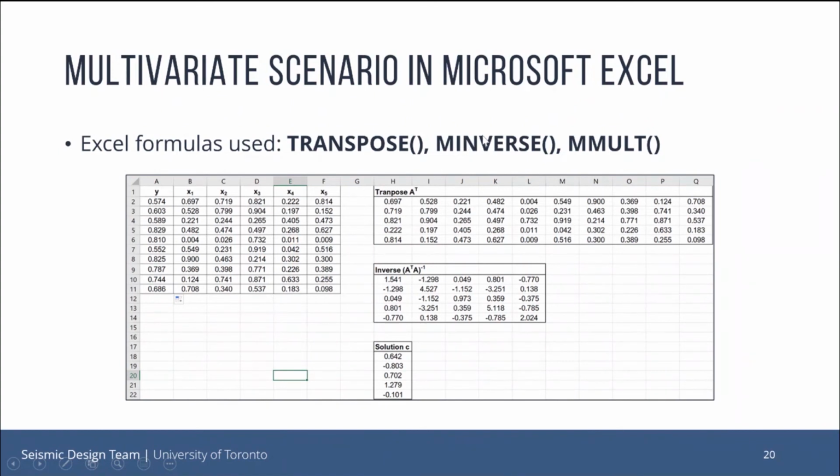There's also the inverse matrix function, which you can apply to that product of the transpose matrix multiplied by the original matrix to get a square matrix. And the matrix multiplication factor, that's also another function that's used to precisely multiply all of these grid values by these grid values.